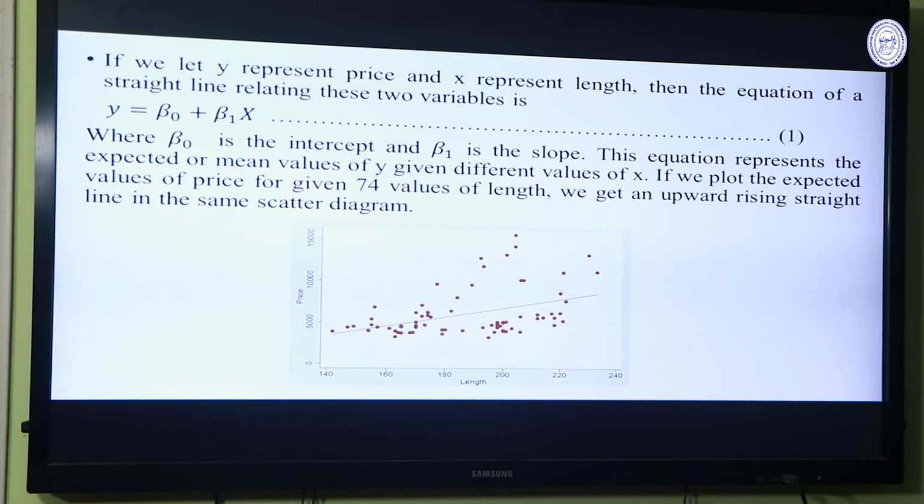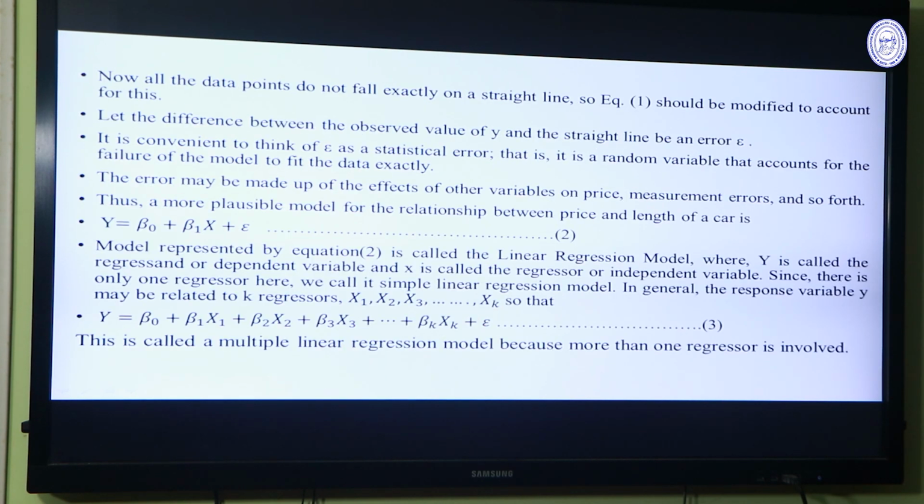The expected values only lie on the blue straight line. So, actual values are away from the straight line, that is, the expected values. So, each of the points is lying either upward or downward from the straight line. So, this discrepancy can be called error.